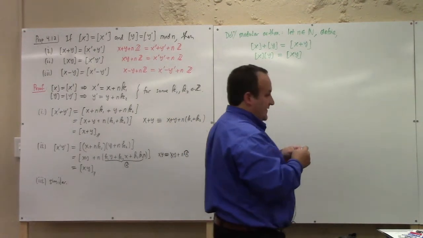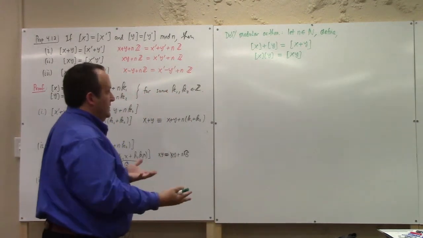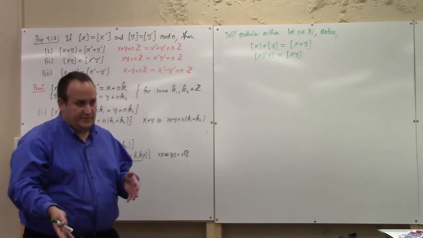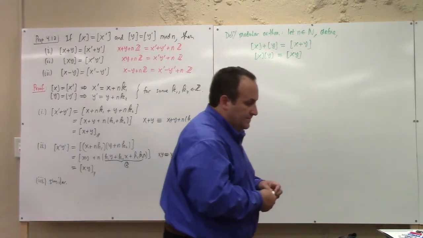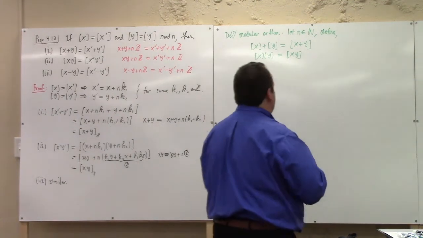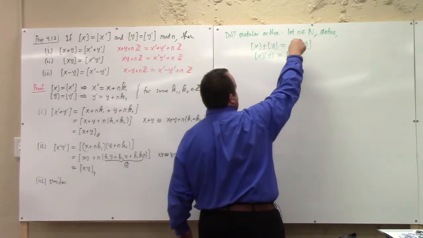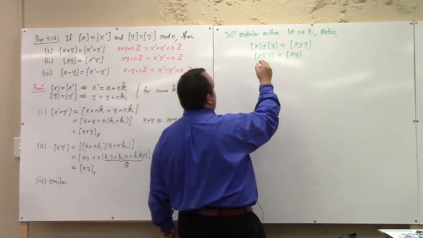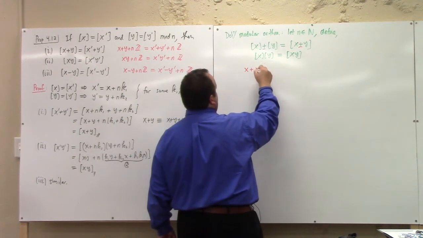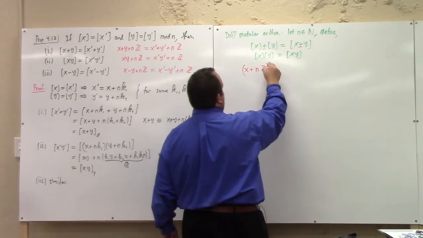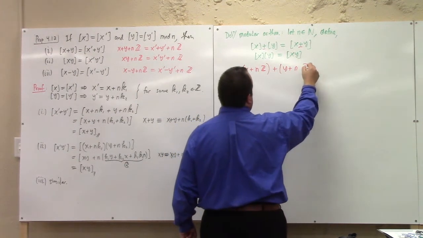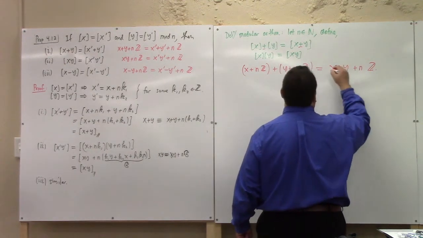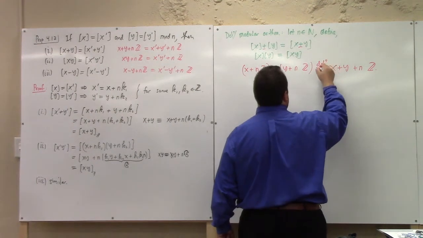So here I'm defining the addition of equivalence classes and the multiplication of equivalence classes by the corresponding addition of representatives or multiplication of representatives. And of course, if you want, you could throw in minus here too, right? Now, in the other notation, this looks like x plus nz plus y plus nz is x plus y plus nz. Definition, right?